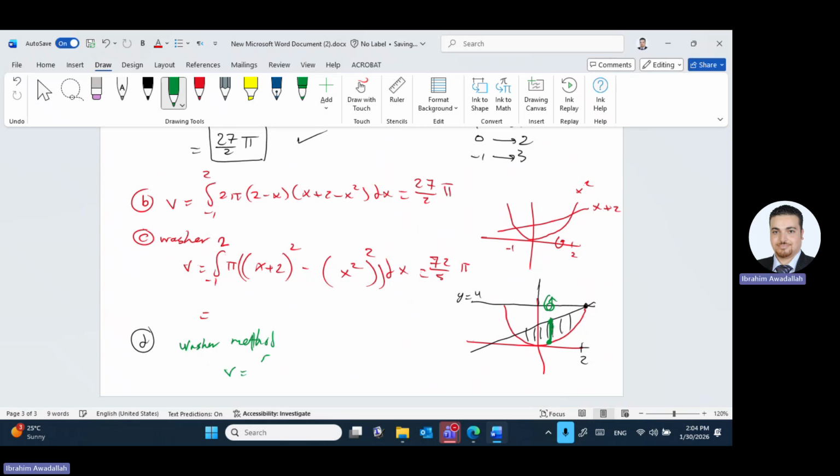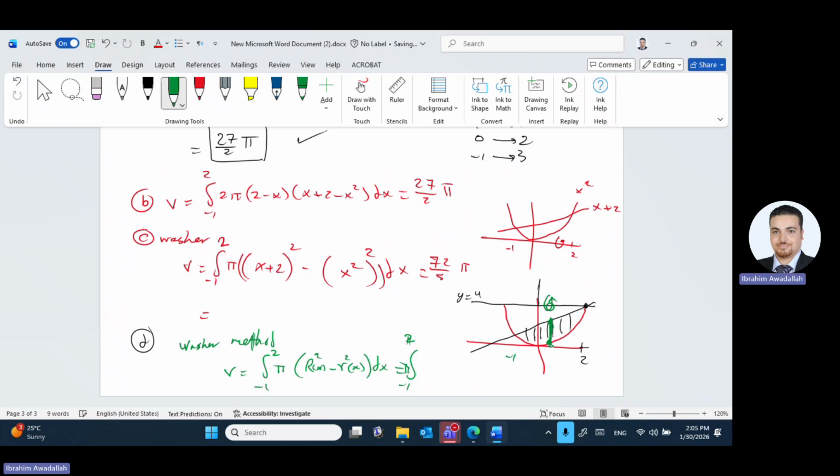V equals the integration from, it's like on the x-axis, so my x is from -1 to 2. And we have pi, and we have R capital squared of x minus r small squared of x dx, which means the integration from -1 to 2 times pi outside, and R capital, this function.